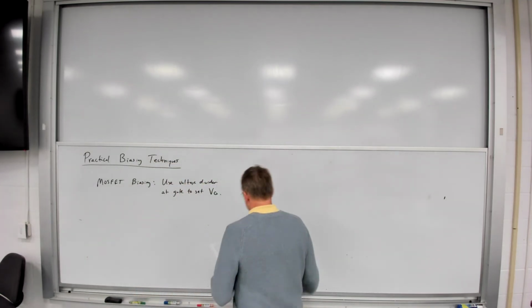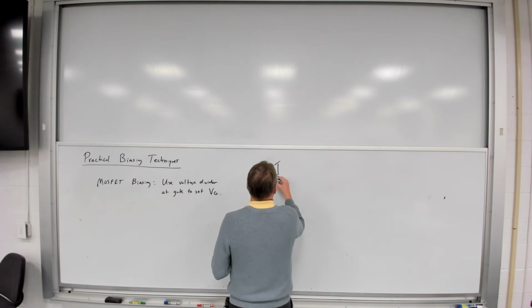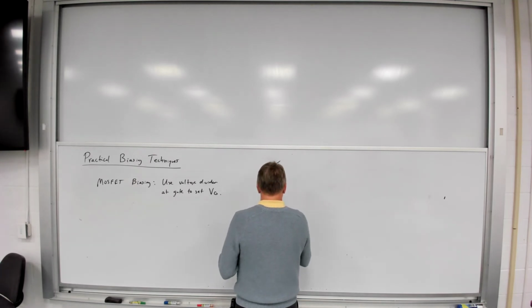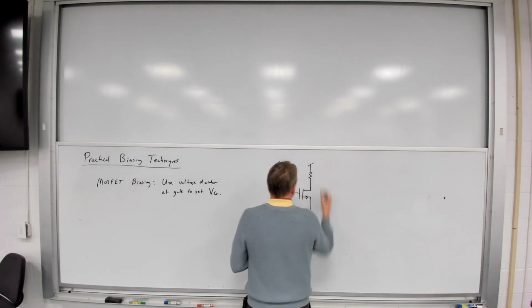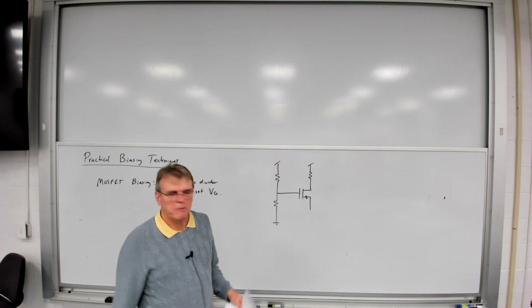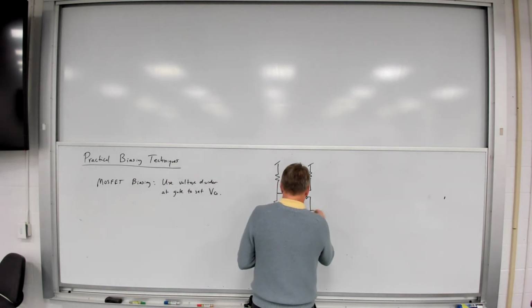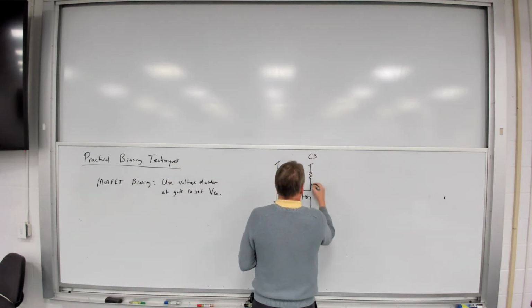And so in this case, I'll do a circuit like this. I'm just going to do a simple common source amplifier like we've already done. So here's my CS amp.